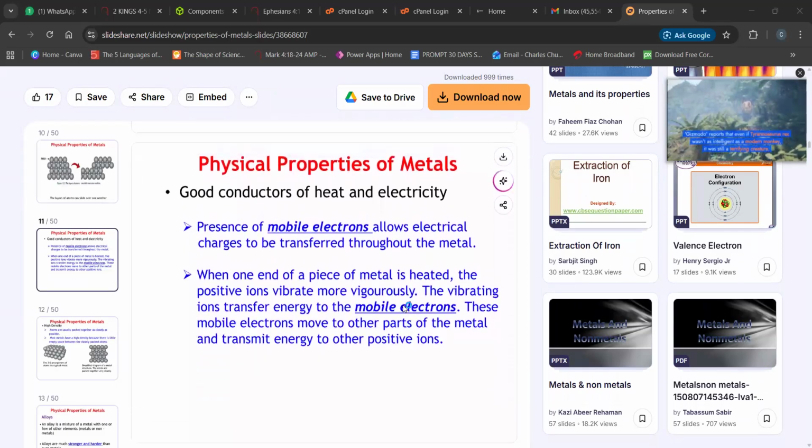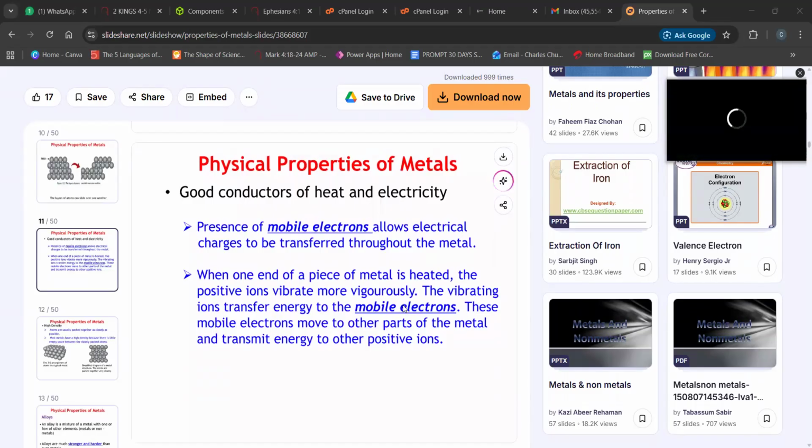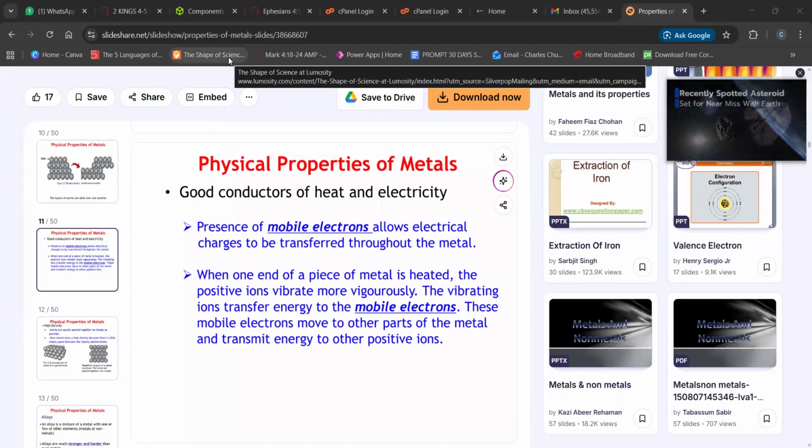Of course, this is another popular one. They are good conductors of heat and electricity. Please take note, these are physical properties. We've not come to the chemical properties yet; we're still on the physical properties of metals.